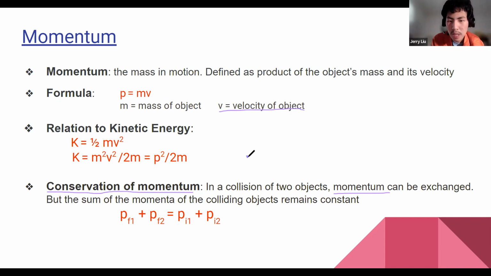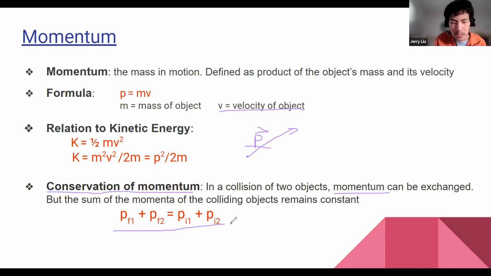That means that the momentum has a magnitude and a direction. So we would write momentum as a vector P going in some direction. The net P before a collision and the net P after a collision must remain constant, unless, of course, there's an external force applied during the collision.